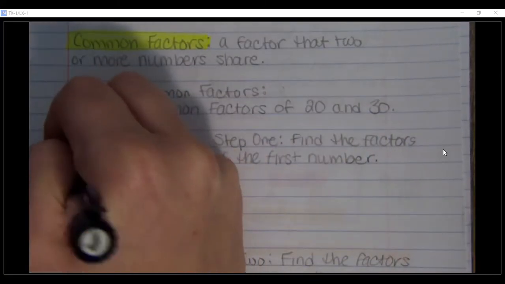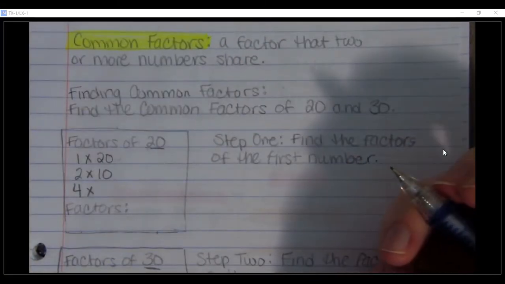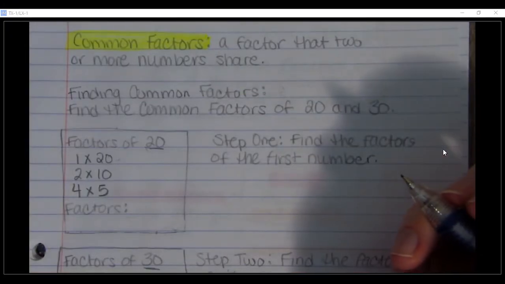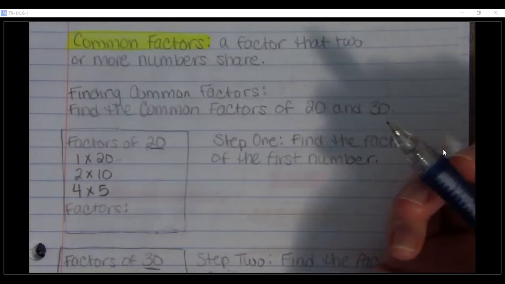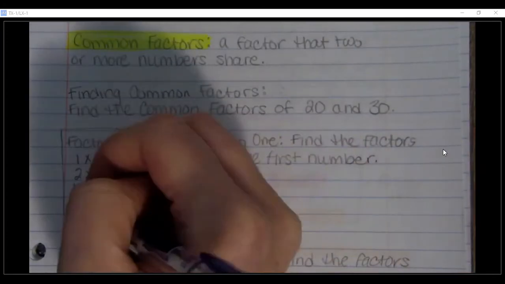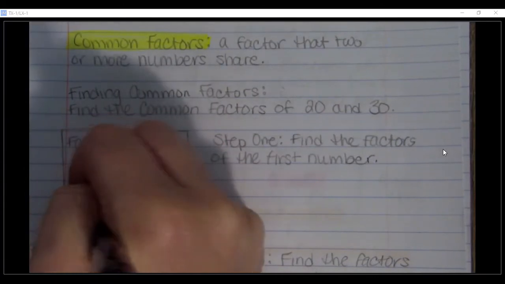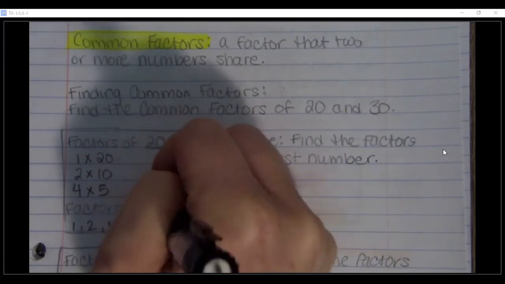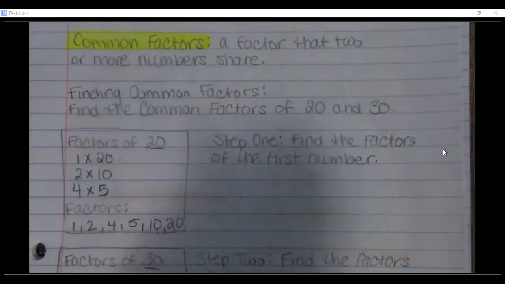But what about 4? Oh, yeah. 4 times 5 is equal to 20. And since we already have 5 written down here, there's no more factors to use. So my factors of 20 are 1, 2, 4, 5, 10, and 20.